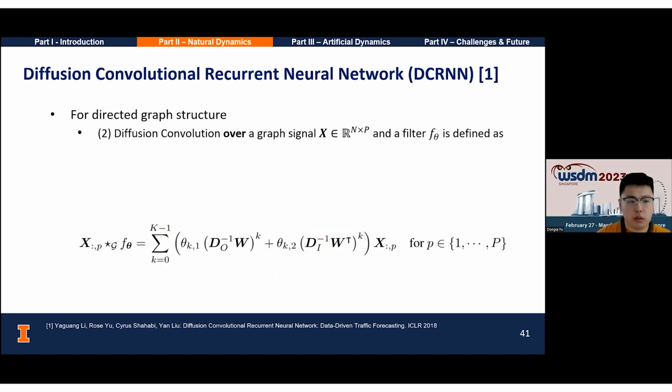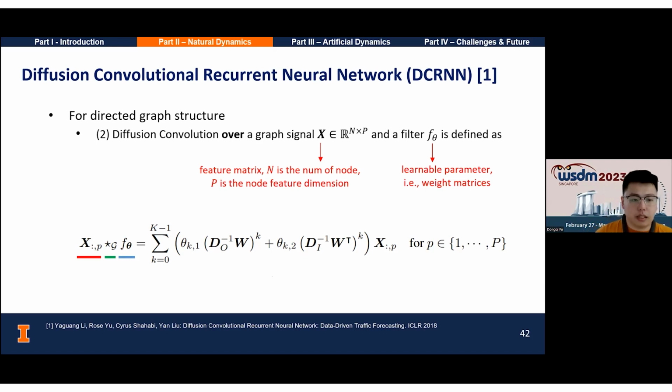So with the diffusion introduction, we can build a graph filter. So what is a graph signal and a filter? A graph signal you can understand as a feature matrix, where n is the number of nodes and p is the node feature dimension.